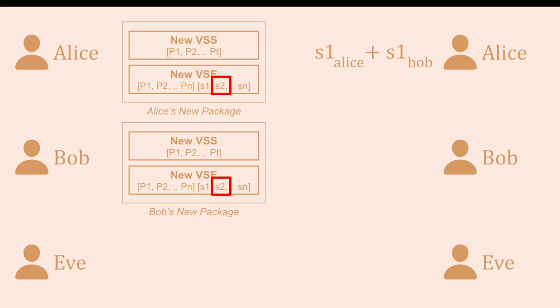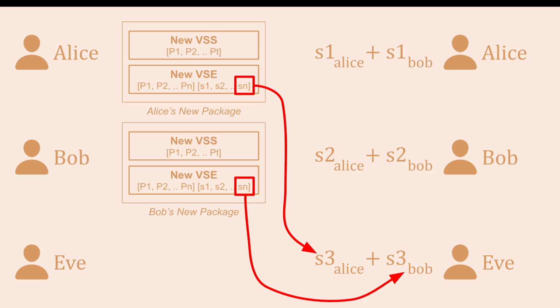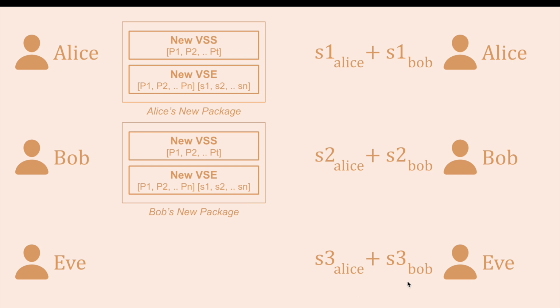Similarly, S2 from Alice and S2 from Bob himself, when decrypted and added together, give Bob his new partial group secret share. Similarly, for Eve being the third participant, S3 from Alice and S3 from Bob, when decrypted and added together, give Eve her secret share of the group key.